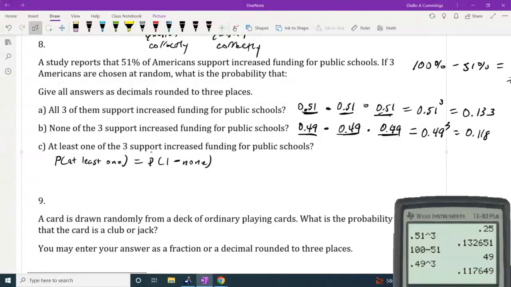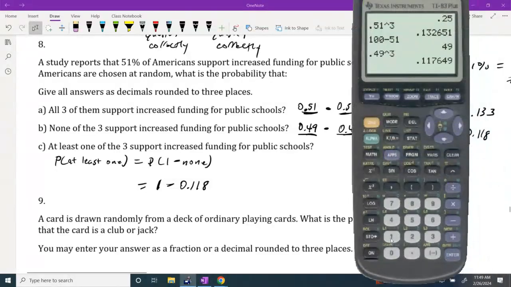So this is going to equal 1 minus 0.118, which is 0.882.